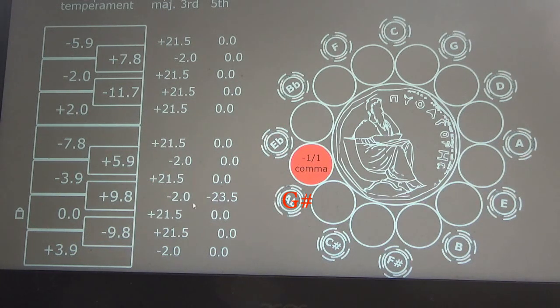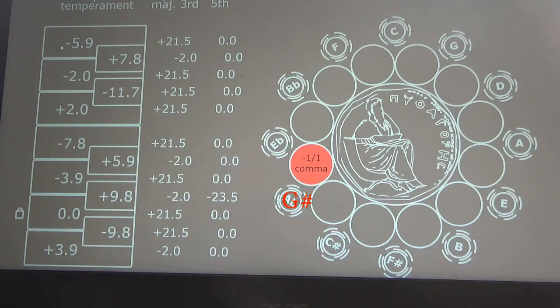On the left-hand side of the screen, we get the same information again related to a standard 12-note keyboard. Here are the notes: C, D, E, F, G, A, B natural, and the black notes: B flat, A flat, F sharp, E flat, C sharp.